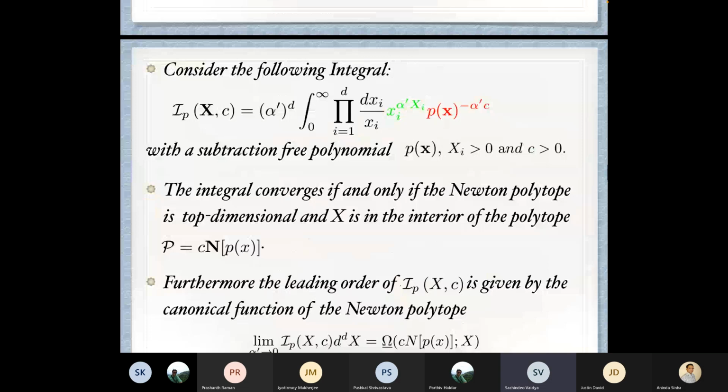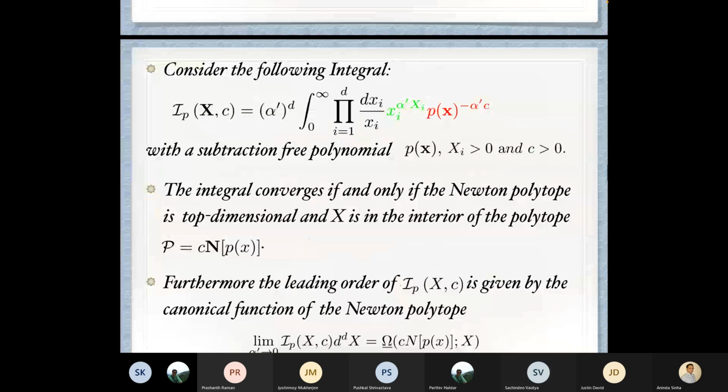Now we know that if I had just the product of dx_i over x_i, it has divergences at both 0 and infinity. To regulate them, I can put some other factor. For example, to regulate the divergence at 0, I can put x_i to some positive power. And to regulate the divergence at infinity, I can put P(x), some polynomial, to some negative power.